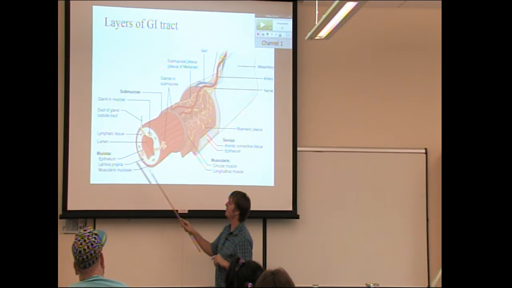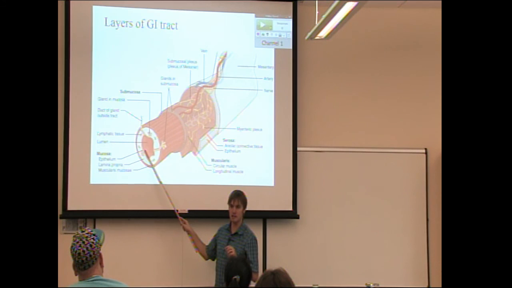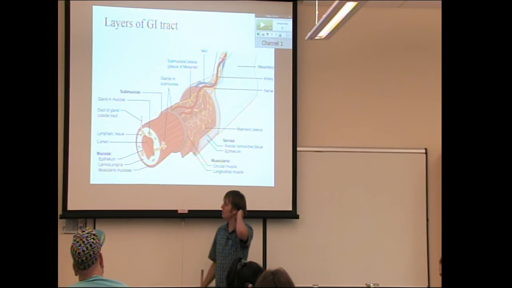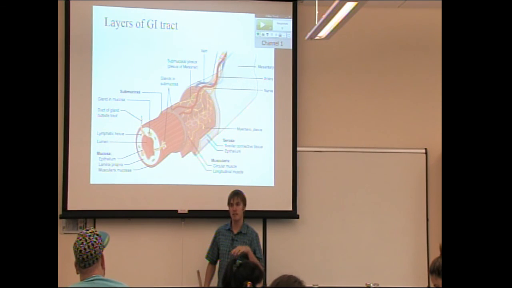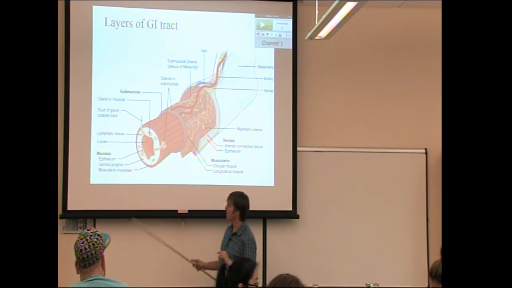Then the mucosa, where the epithelial cells of different types are. Does anybody know what kind of tissue lamina propria is? Yeah, that's the connective tissue, because epithelial cells don't have a lot of strength themselves. So you need some collagen and something strong to hold it all together.